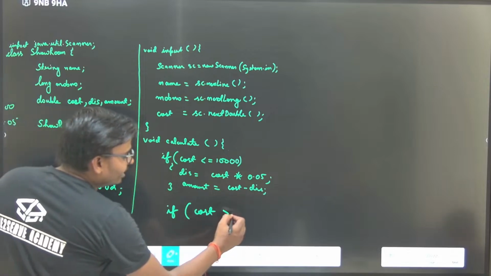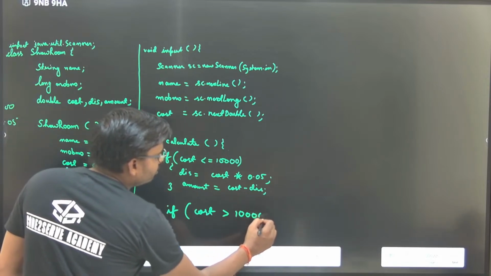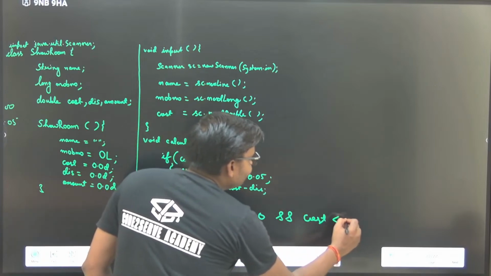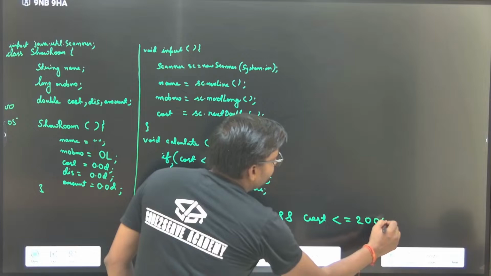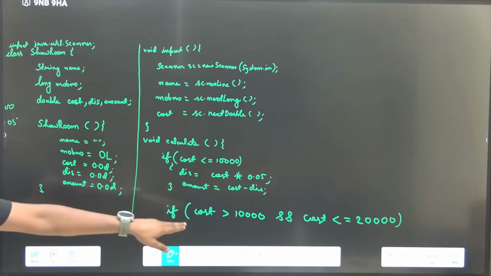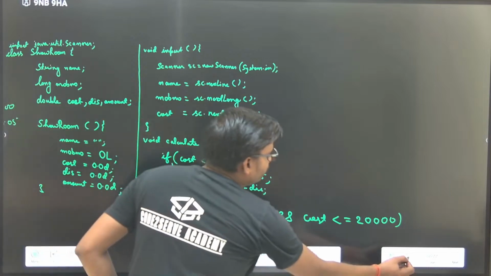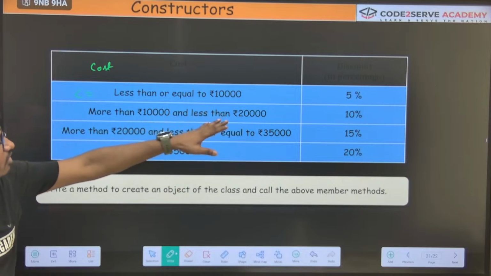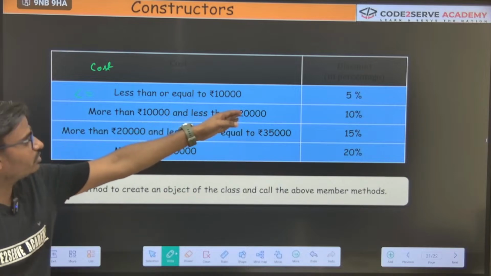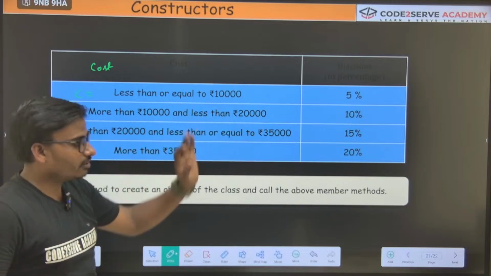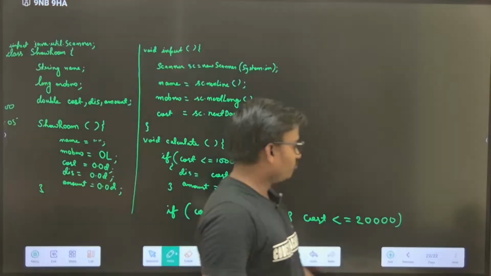If the cost is greater than 10,000 and less than or equal to 20,000, this was the case. Here, 20,000 is included.